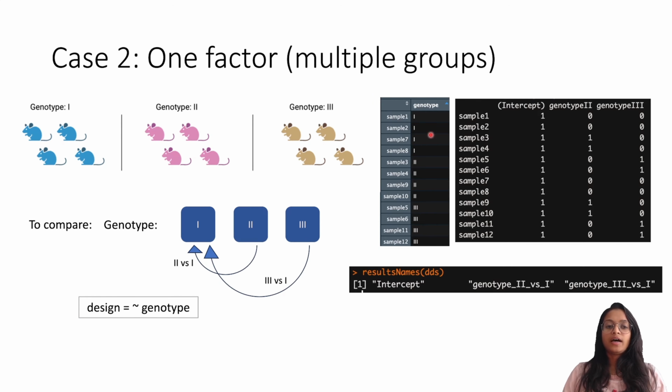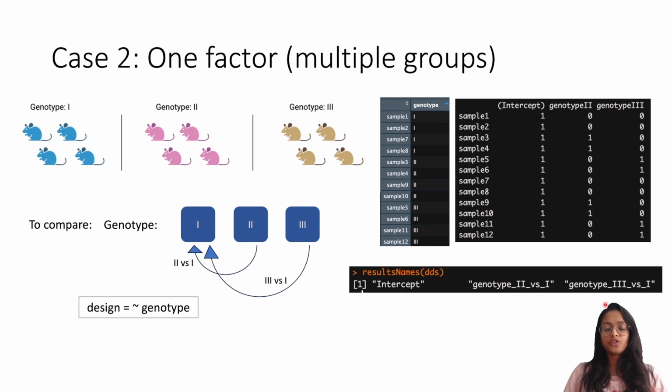So here we have the count data, the metadata table labeling the samples belonging to the different genotypes. And here is the design matrix encoding each sample based on the different genotype. And on running DESeq2, we essentially end up with differentially expressed tables comparing group 2 versus 1 and 3 versus 1.